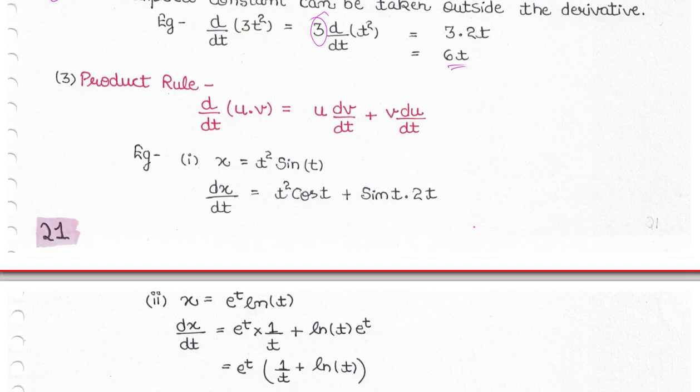The product rule of differentiation of two variables, we can write d/dt of u times v. So u times dv/dt plus v times du/dt. So if we have x is equal to t square sin t, we can write dx/dt is equal to t square cos t plus sin t into 2t.